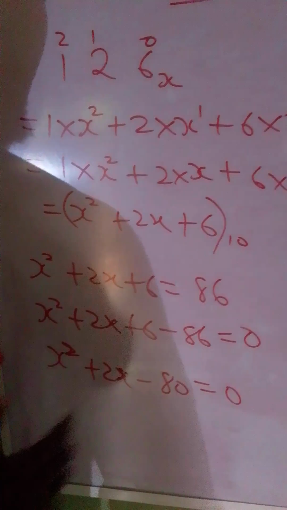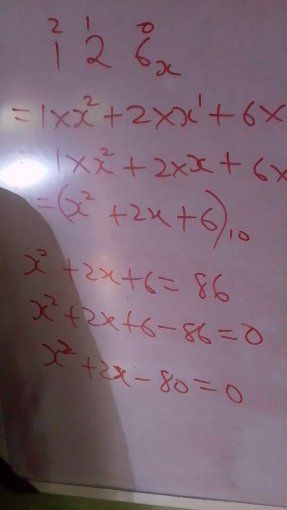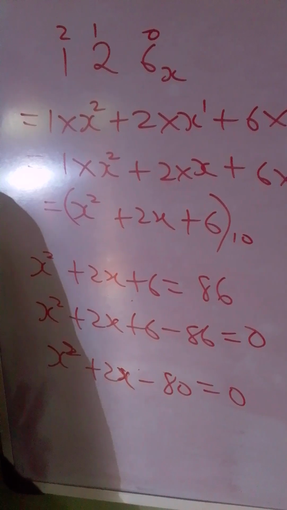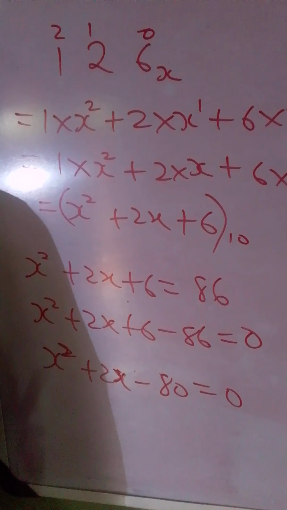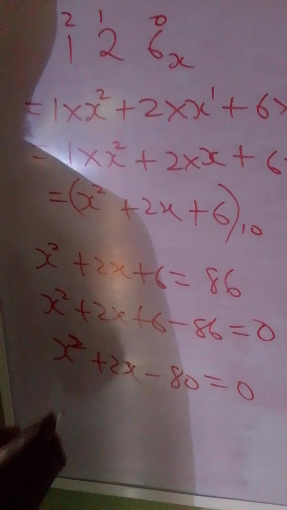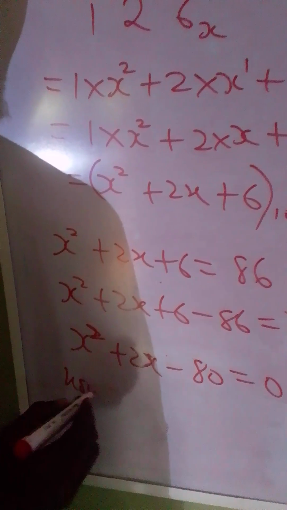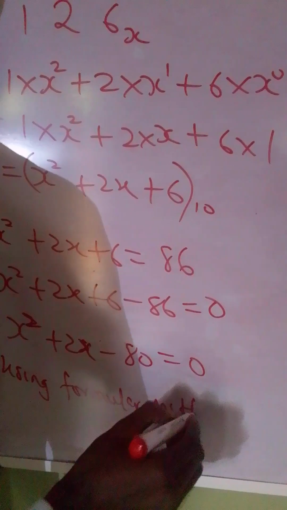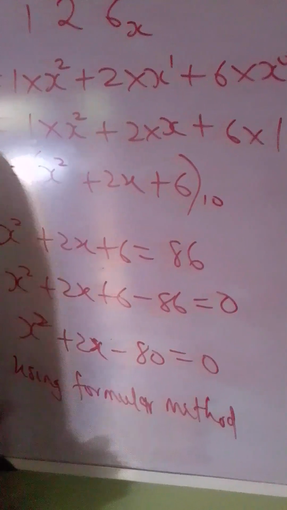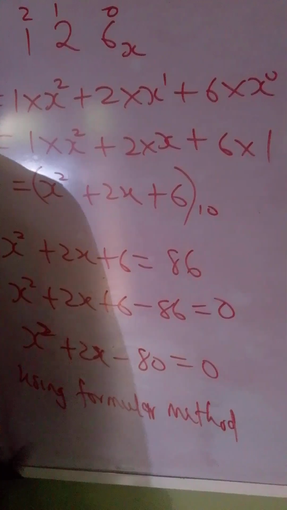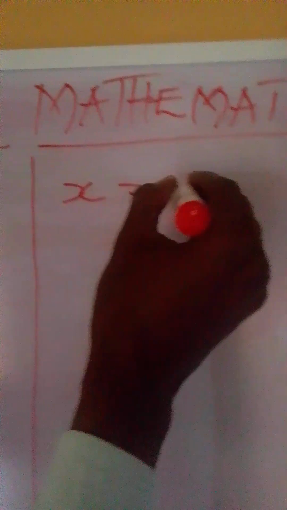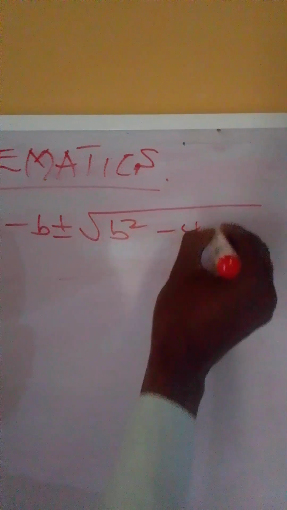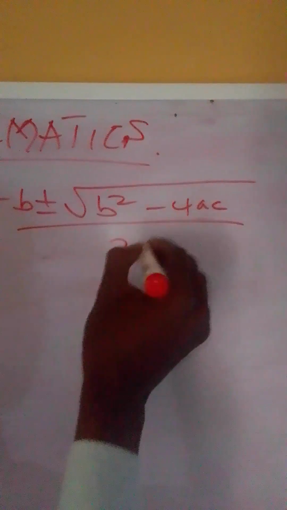Alright, so I'm going to solve this quadratic equation using any of the methods for solving quadratic equations. I want to use the formula method to find the value of x. So we have x equal to minus b plus or minus square root of b squared minus 4ac, over 2a.